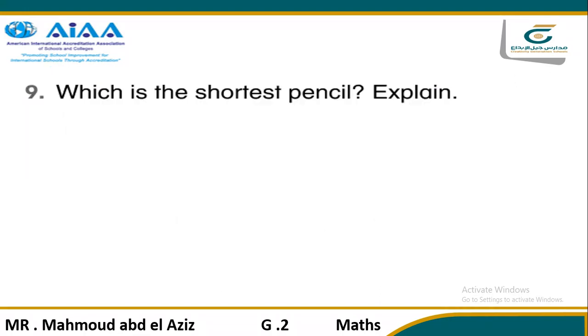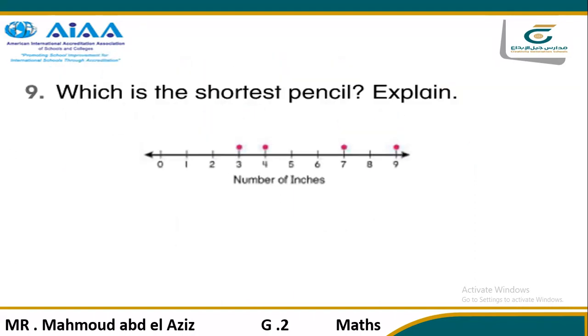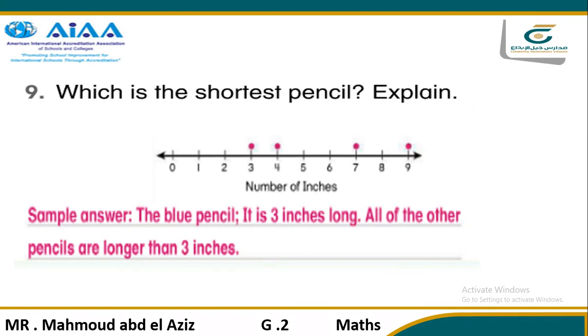With another question here: which is the shortest pencil here? Do you remember? Which measure equals 3? Excellent. It's the blue pencil. Why? Because it's 3 inches long. All of the other pencils are longer than 3 inches.